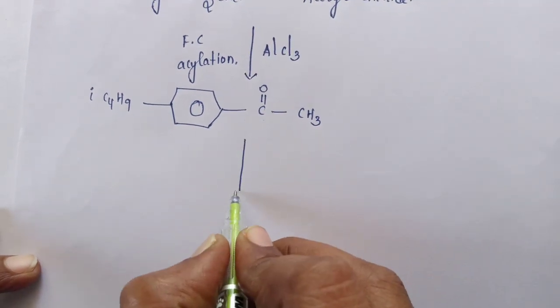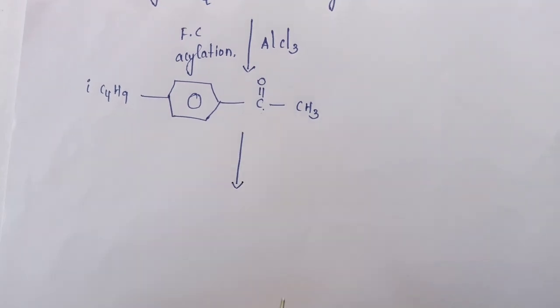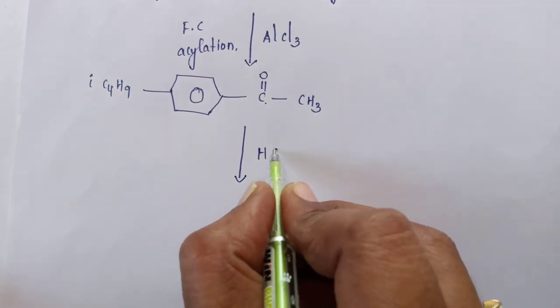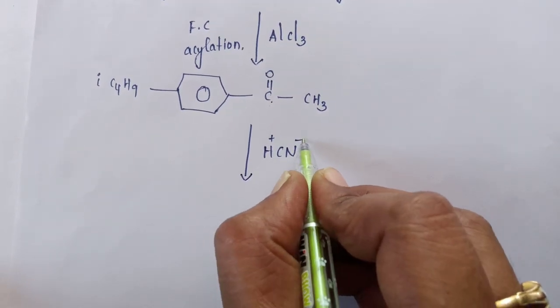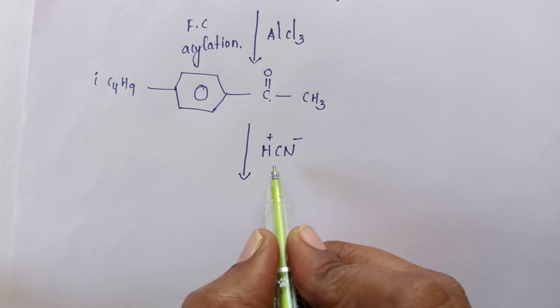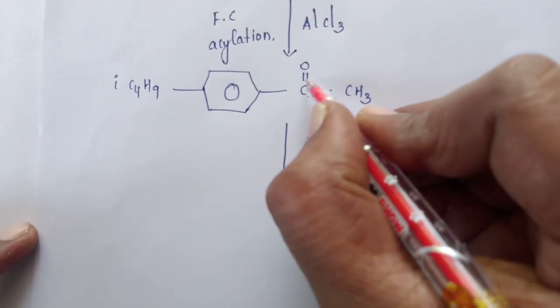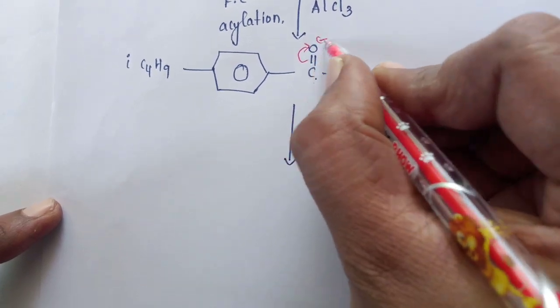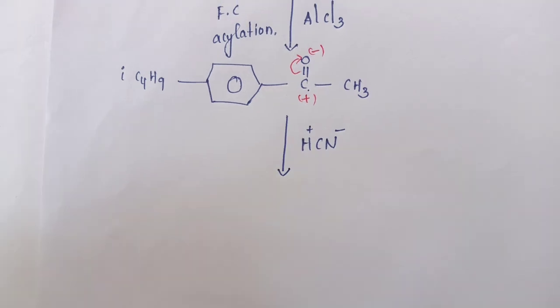Whenever we want to attach one carbon atom, we always go for addition of HCN. HCN always dissociates as H plus and CN minus. The carbonyl carbon undergoes a nucleophilic addition reaction: the pi bond shifts towards oxygen, which becomes negative, the carbon becomes positive, and the respective ions attach.